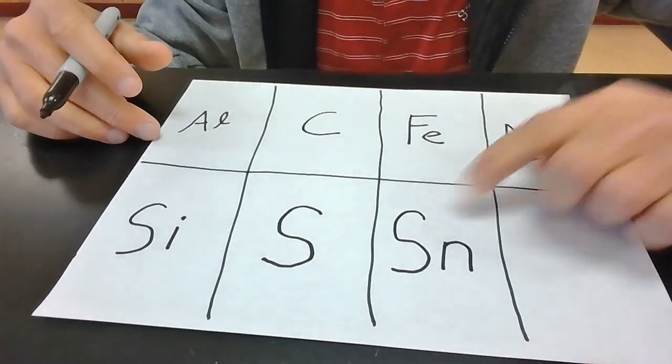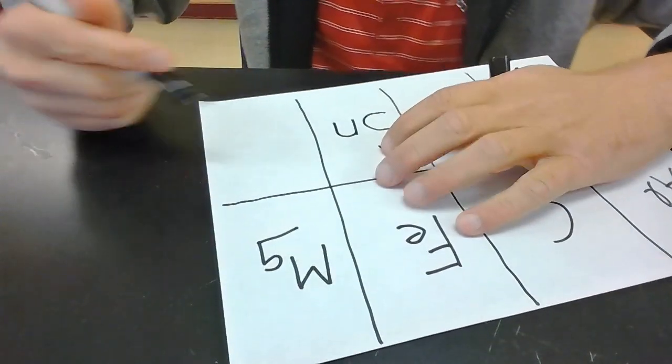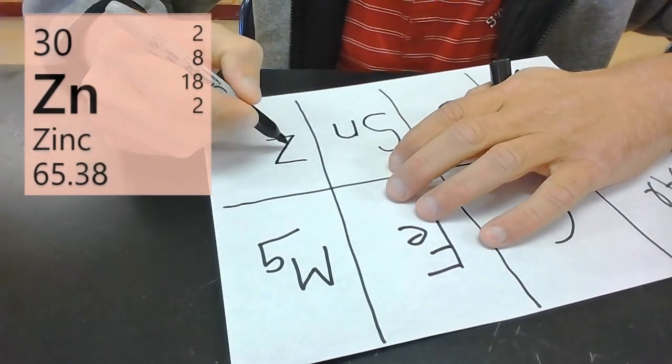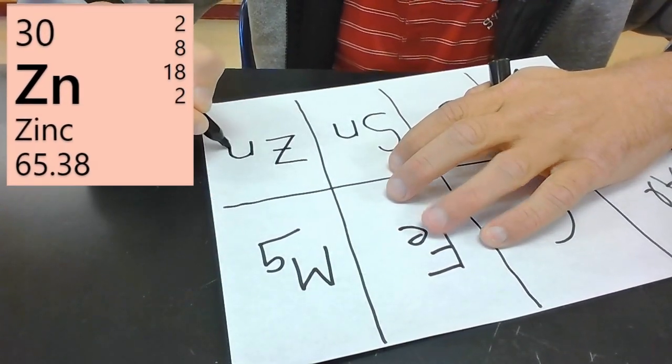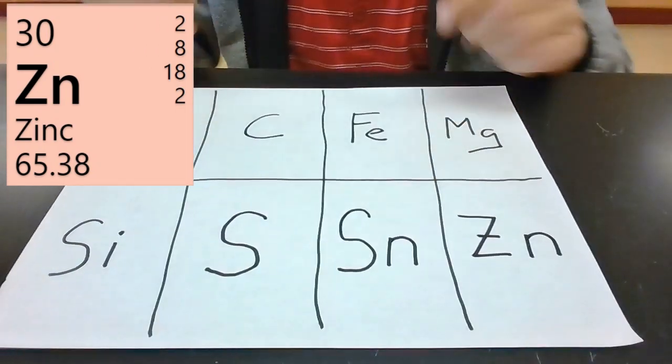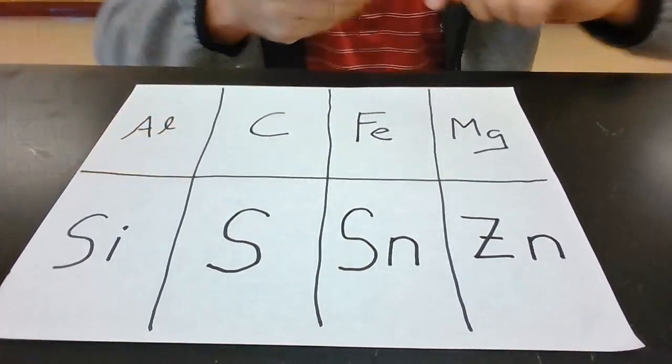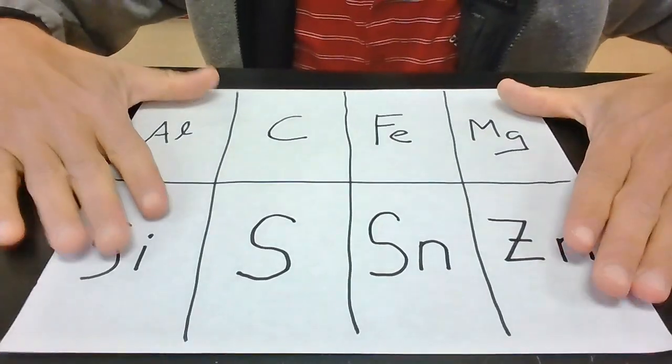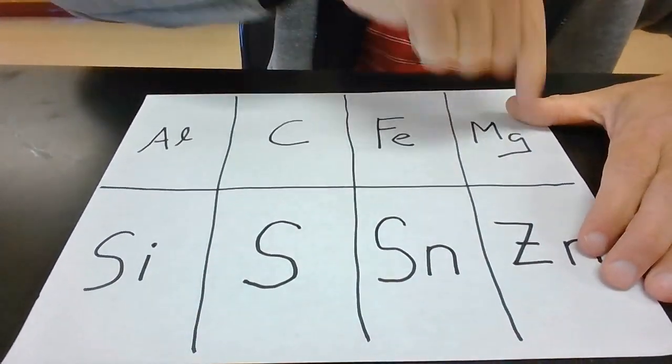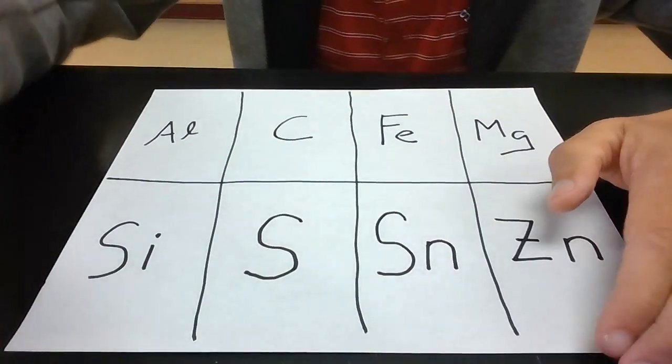Tin is Sn. And finally, the last one is zinc. Zinc is Zn. So that is question 2, to make our little data table with the symbols for each of the different elements that we're going to be working with.